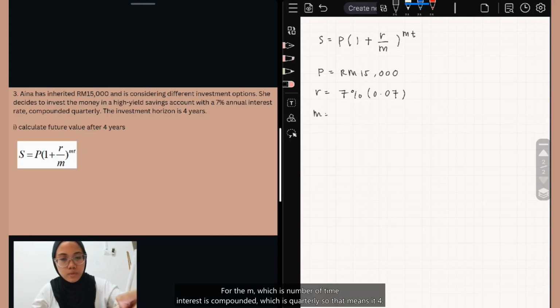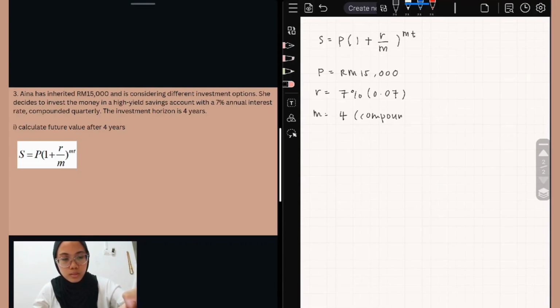For M, which is the number of times interest is compounded, which is quarterly, that means 4.